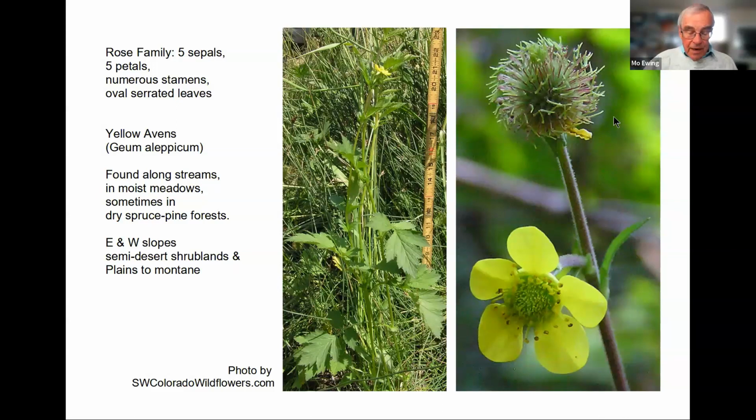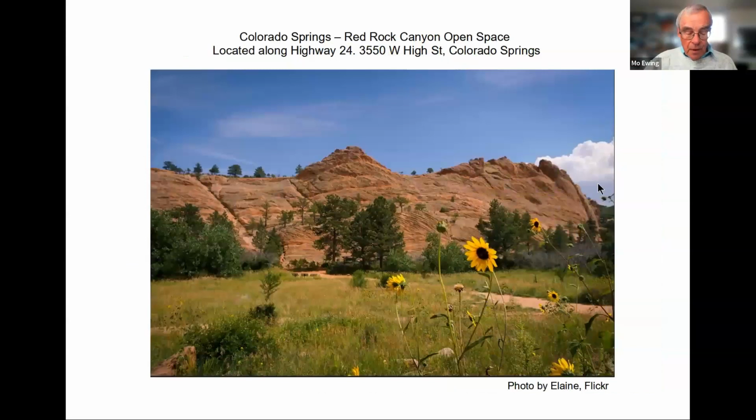Now, that's a couple of plants there. We zip down to Colorado Springs. We get to Red Rock Canyon Park. It's a 1,474 acre city park run by Colorado Springs Park and Recreation. It has 11 marked trails and a series of these red hogbacks, same as the Garden of the Gods.